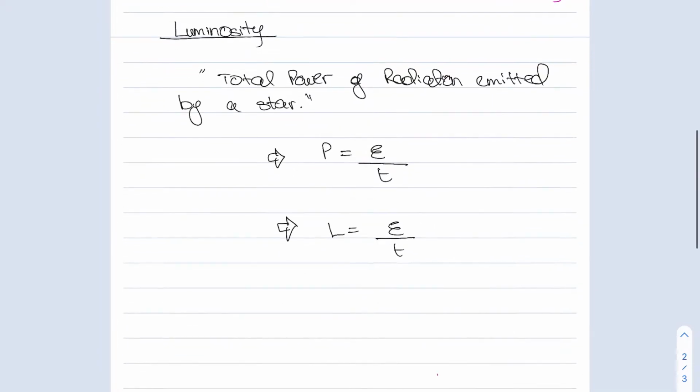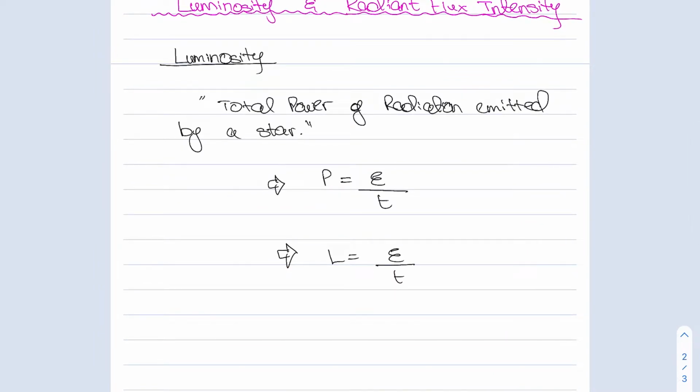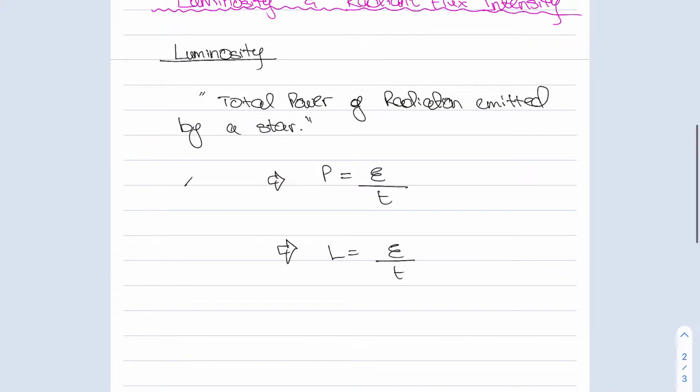Now, at the start of every question in the exam paper, there's a 1, 2 or 3 mark question where they ask us to define stuff, and they might ask define luminosity, and this definition I wrote is a full mark scoring definition.